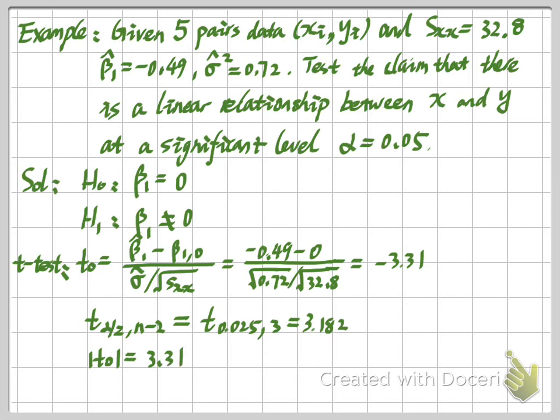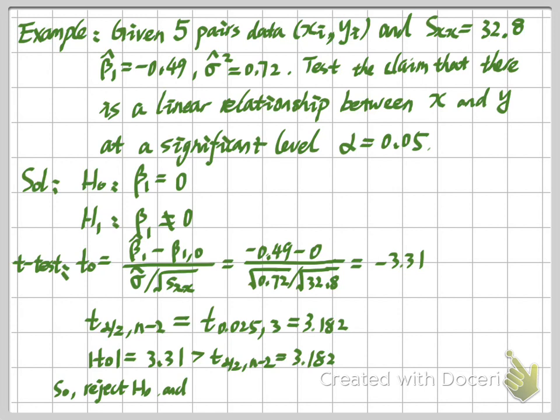Of course, this is greater than t alpha over 2, comma n minus 2, which is 3.182. Because the absolute value of t0 is larger than the critical value, we should reject our H0.